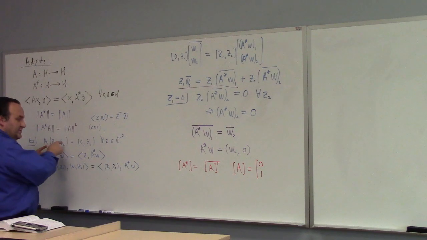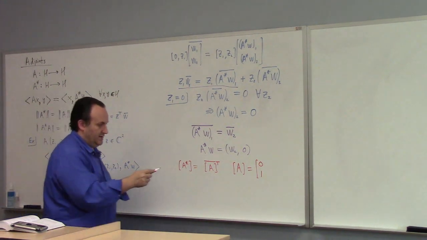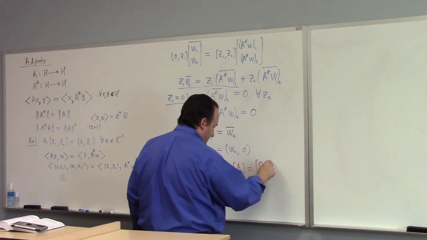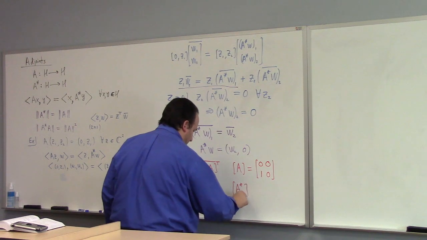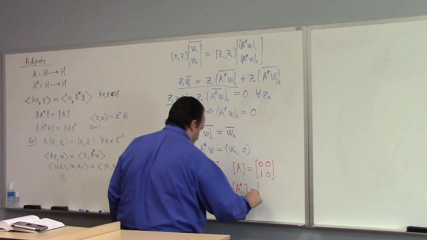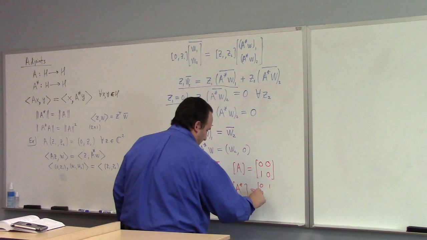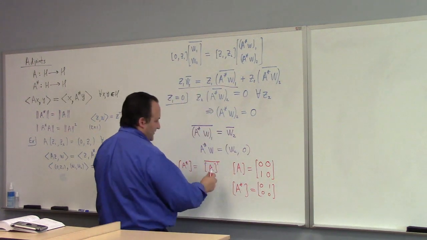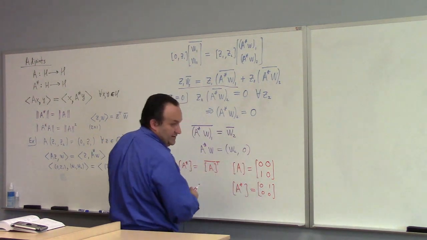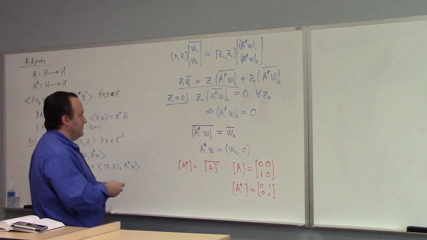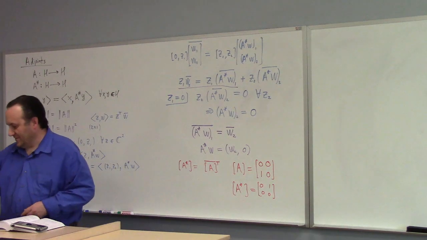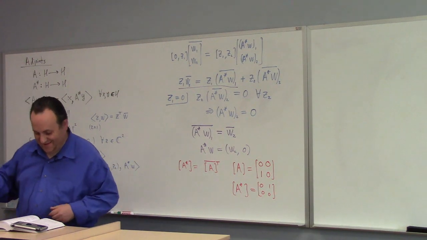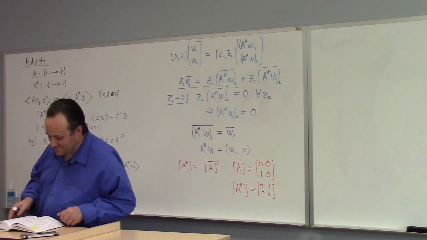If I put in (0, 2), that gives me (0, 0). So this is A. So the matrix of the adjoint is then (0, 1; 0, 0), which is this formula. Okay, now I've given entirely too much detail about this really simple example, so let's go on.